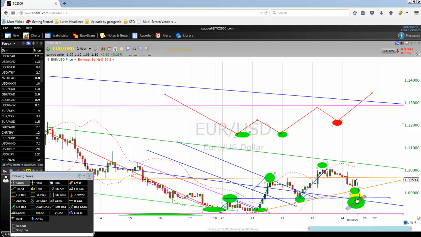Therefore, I would prefer the euro-dollar currency pair to pull back, which means we cancel this progression and bring it back to the starting point, forming a kind of cycle point, a price move of 180 degrees, went up and pulled back to the starting point. That's why I would prefer it to come back to this point here.